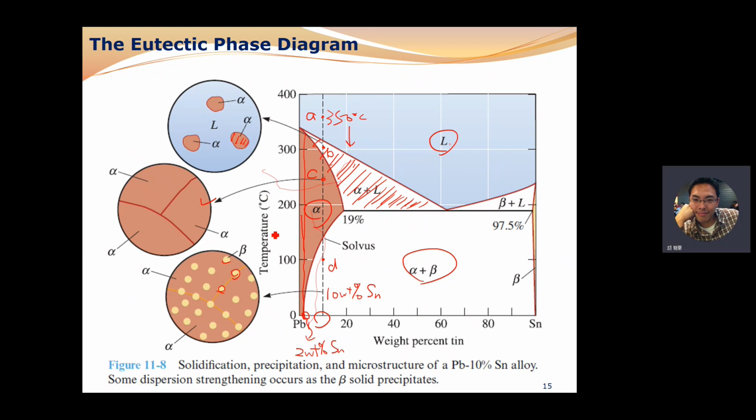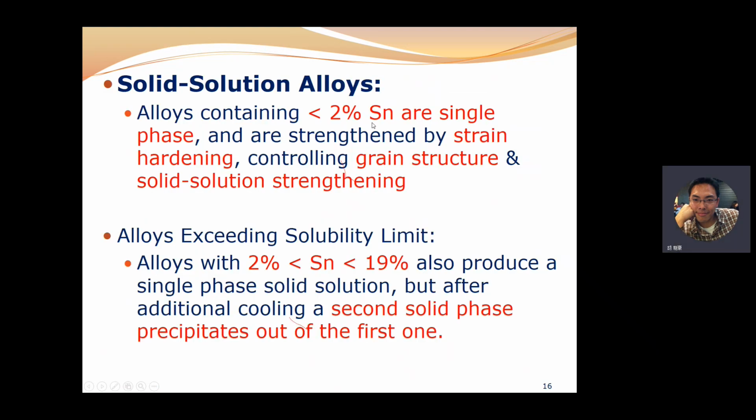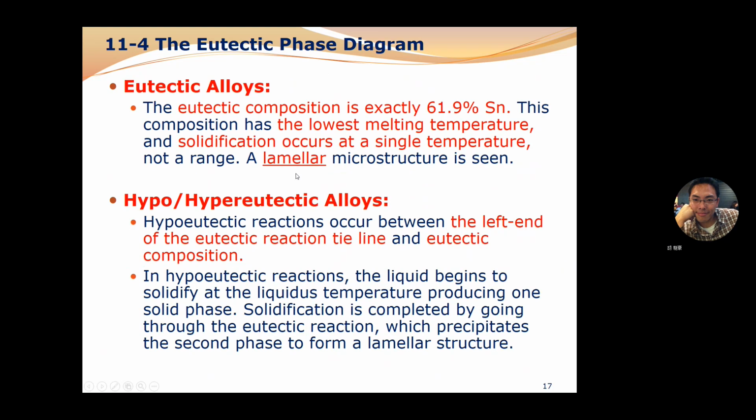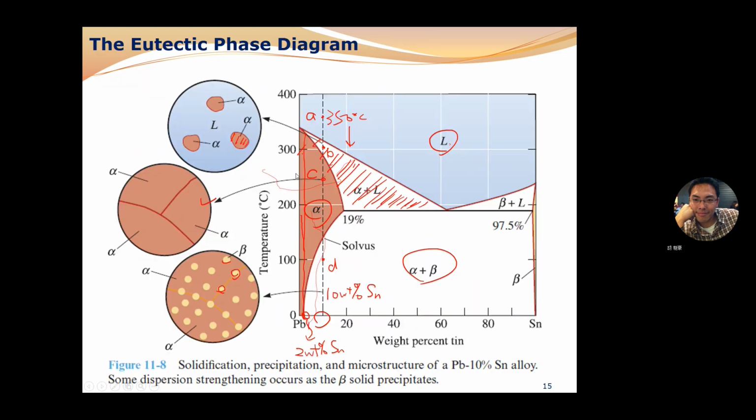Okay, therefore it's pure alpha, a single phase. When the tin content is less than 2%, it's a single phase, right here.